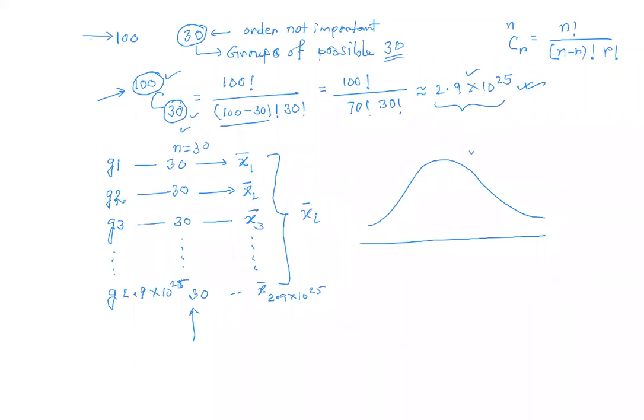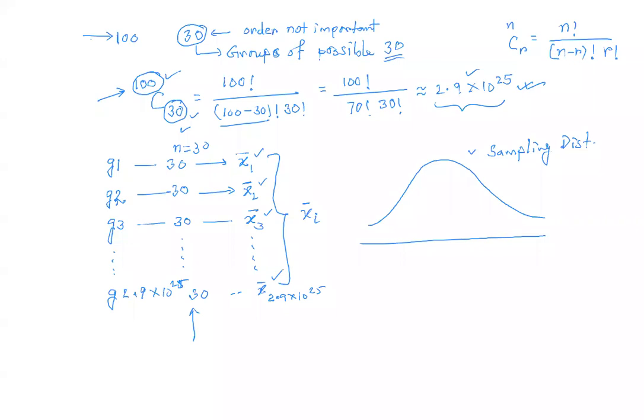And this is, by the way, called the sampling distribution. What is a sampling distribution? A sampling distribution is the distribution of sample averages or sample means. Look, each of these is a sample average, or sample mean.